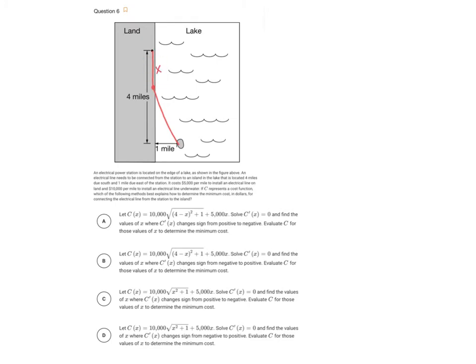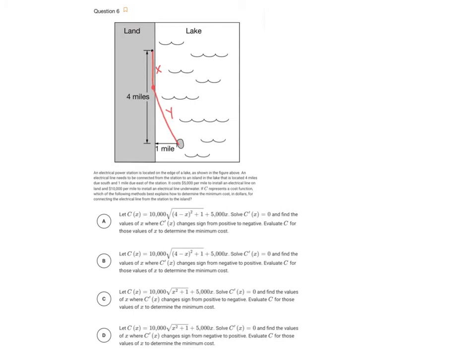And then 5,000x will be the cost of running this line on land. And then call this y, and that'll be the amount of line that's run underwater. Then that'll be $10,000.